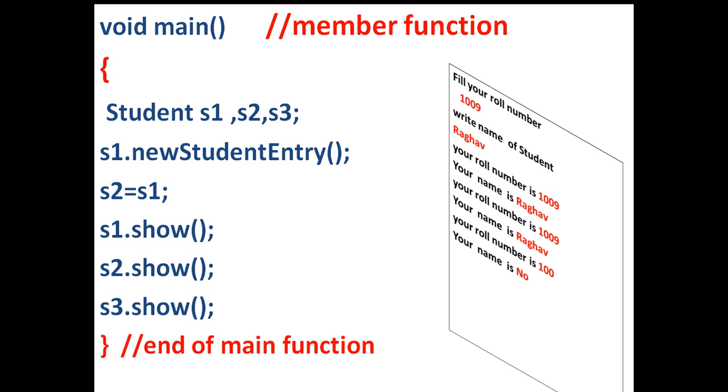So S1.show is showing entered data, S2.show is also showing entered data, and S3.show is showing 100 and the default value.